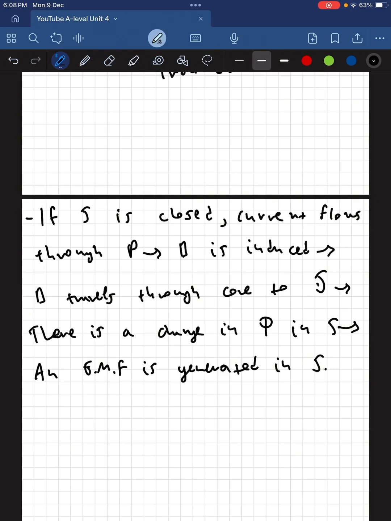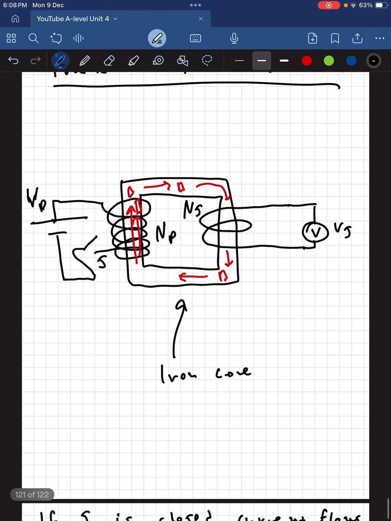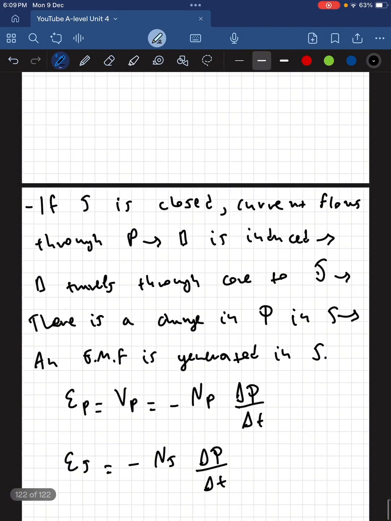Can we find how much EMF is induced? Yes, because EP, the induced EMF in the primary coil, is equal to VP pretty much, which is equal to minus the number of turns NP times delta Φ over delta T. Then the EMF in the secondary coil is going to be the number of turns of the secondary coil times the same change in flux with respect to time, because the same B travels between both primary and secondary coils.